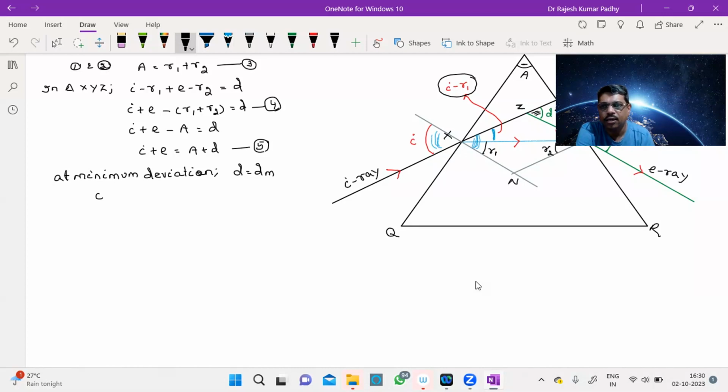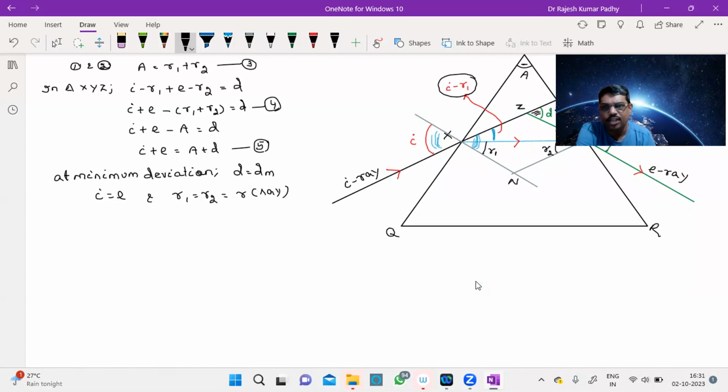Remember, I is equal to E and R1 equal to R2. Suppose that is equal to R. This is the condition; when deviation is minimum, this will be satisfied.